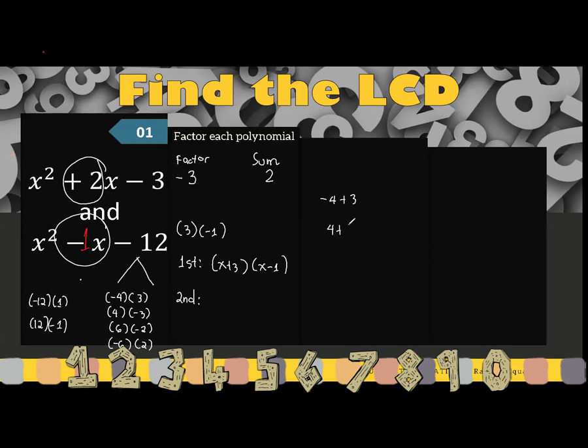For our first factor pair, negative 4 and positive 3, since they are negative and positive integers, we have to subtract them. Negative 4 has the greater absolute value. So, the sign of the sum must be negative.